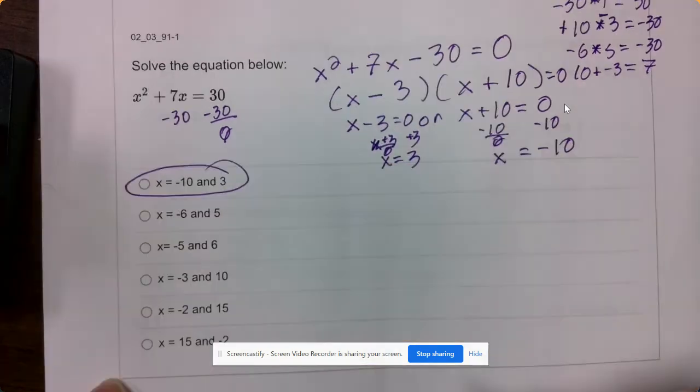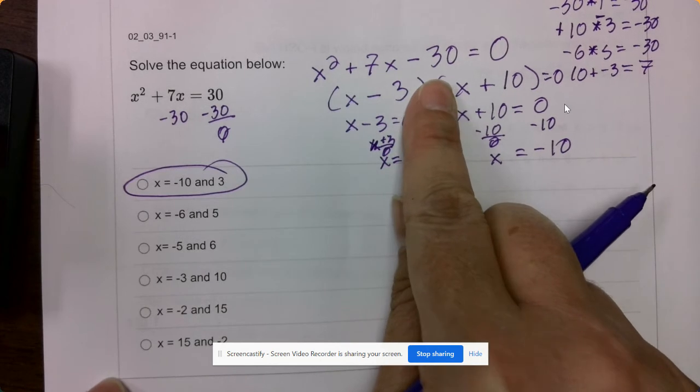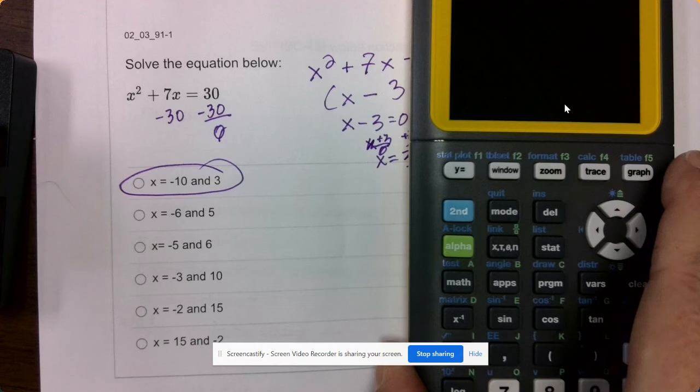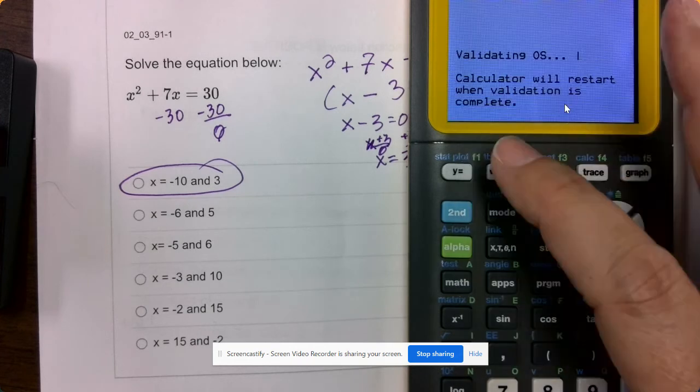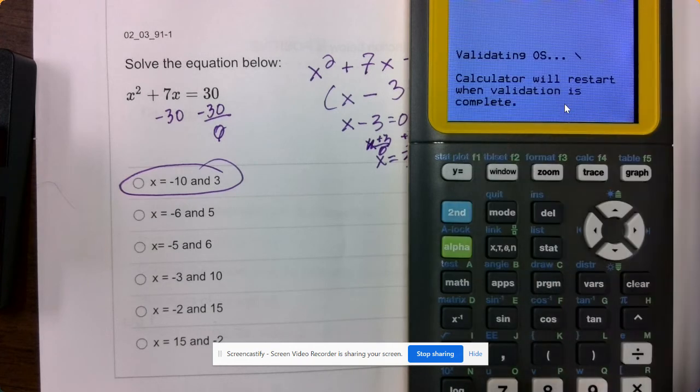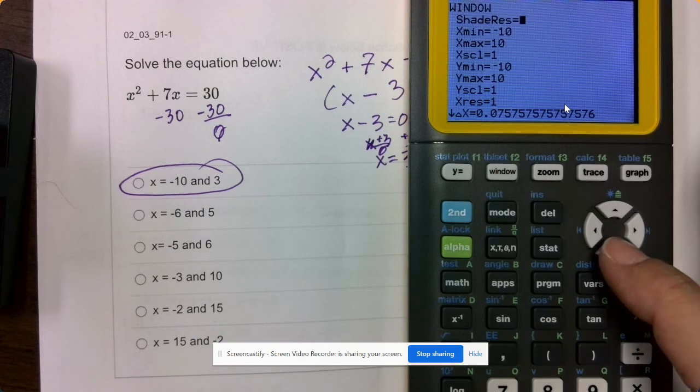Okay, if I wanted to graph it, everybody knows that that's a negative 30. So I would have to come here and change this for our y equals. For our window, everybody, I would have to change this.